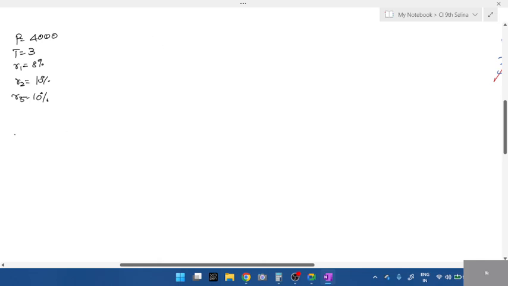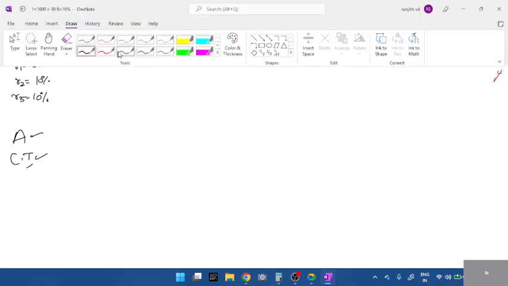Have they asked us amount or compound interest? Which formula is easy to solve, amount or compound interest? Amount. You can solve amount, later you can find compound interest, or let me use compound interest directly. Compound interest is equal to, what's the formula, students? Tell me the formula.